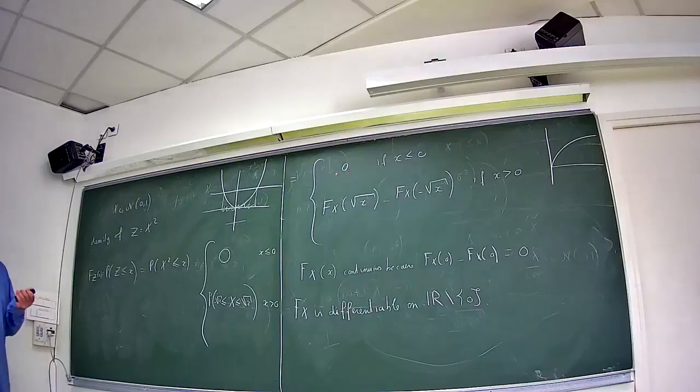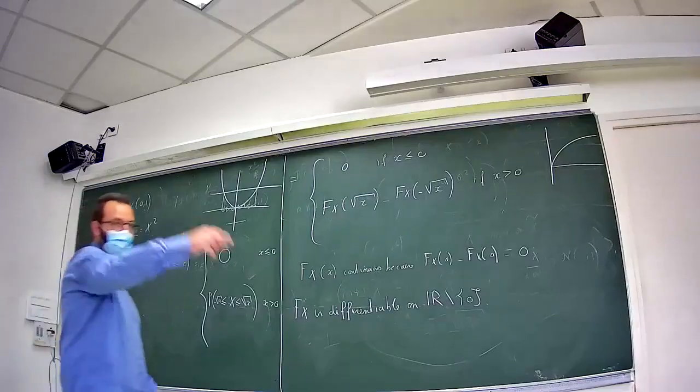So here, when you compute the derivative, what do you obtain? The derivative of this mapping here. 0. At x equal to 0, I don't mind, okay? And for x strictly greater than 0, I have just to compute the derivative of this expression here.